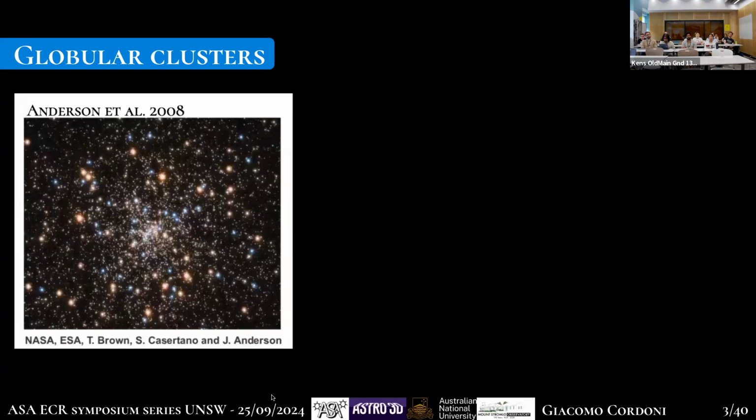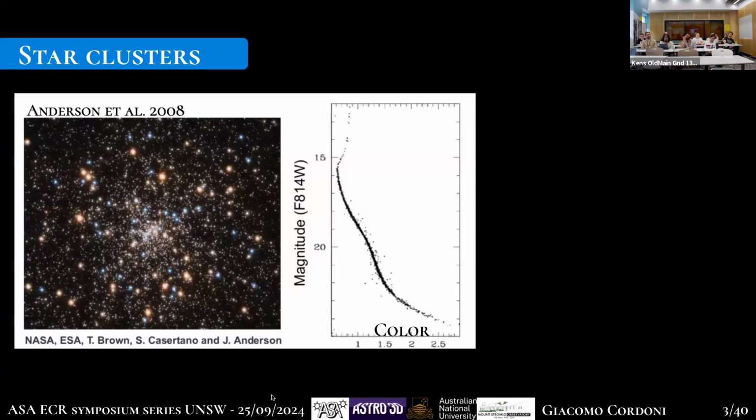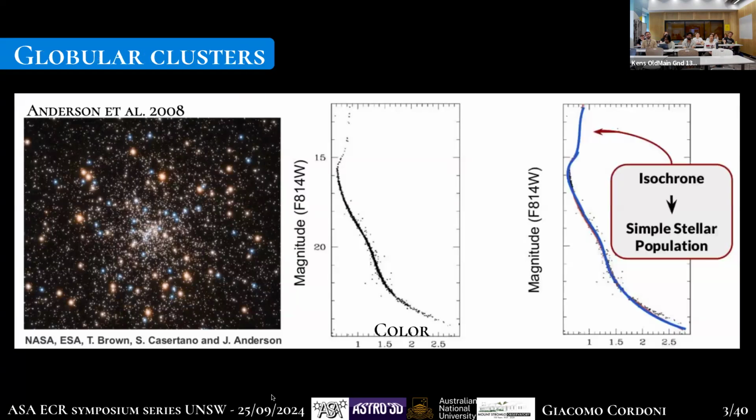The reason is that if we look again at globular clusters like here, we can use different instruments to get very good photometric observations. This is with HST. If we look at the CMD, we can compare that with theoretical models, specifically stellar isochrones, which give you a snapshot of how a stellar population looks at a specific age.